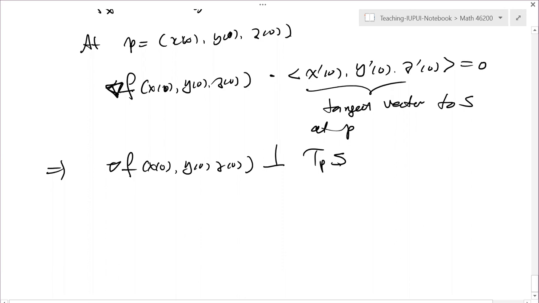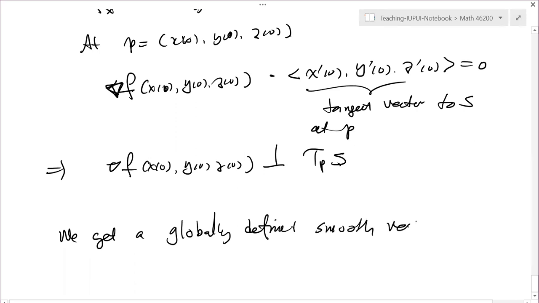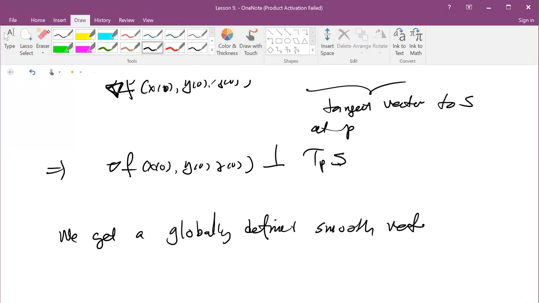So then what does that mean? That means we get a globally defined smooth normal vector field on the level surface.